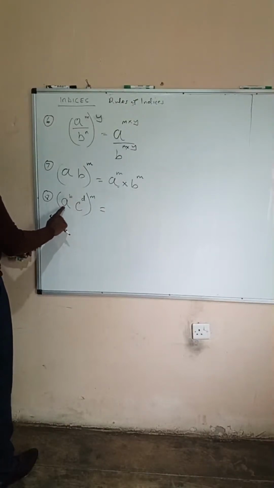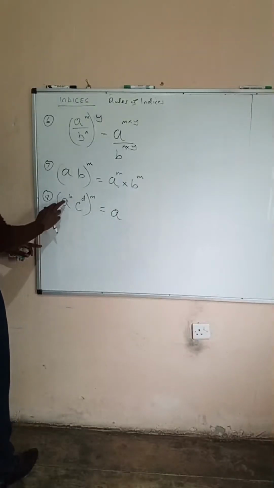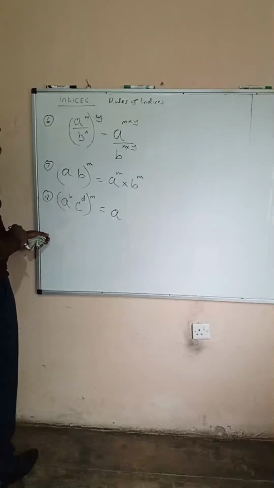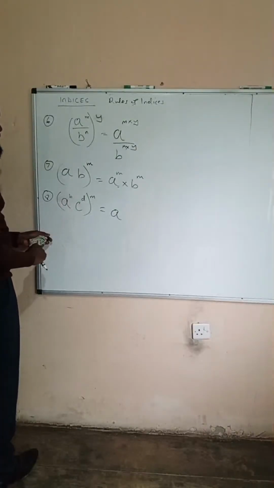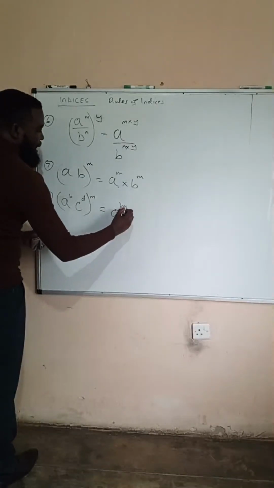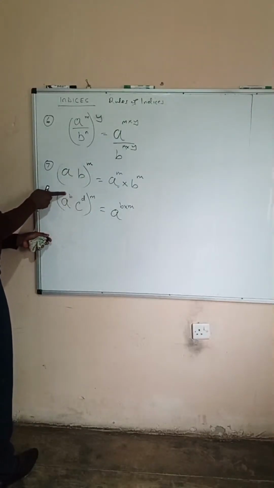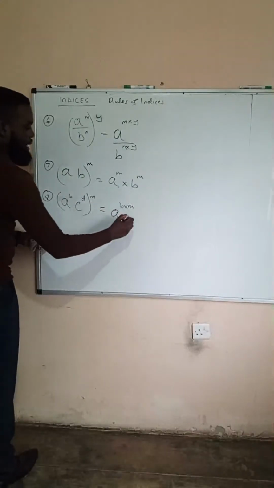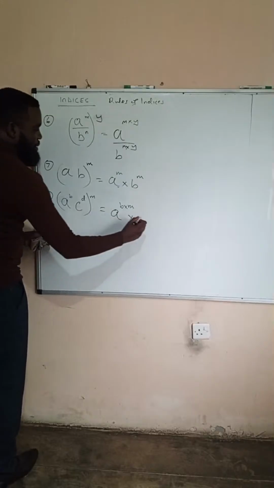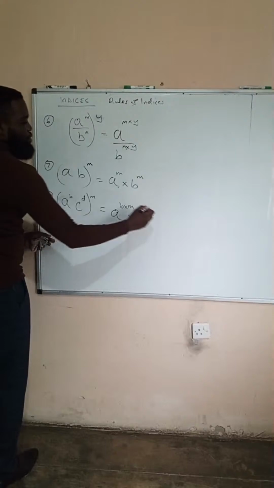It simply means I maintain a. This b will multiply with the m, so it is b times m. What is outside the bracket always multiplies with what is inside. Times c to the power d times the m also.